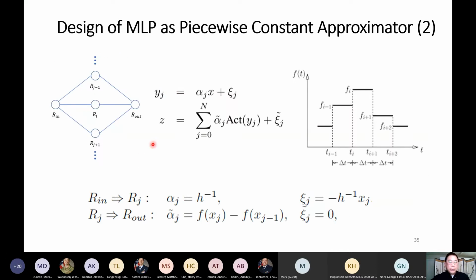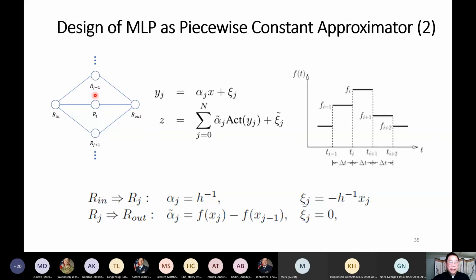So this is X, the input here, Yj is the response here, and Z is the output here. We want to find a function, f of X equals Z, through this two-layer design. The first layer is our input node.